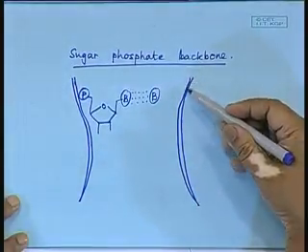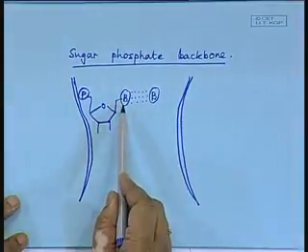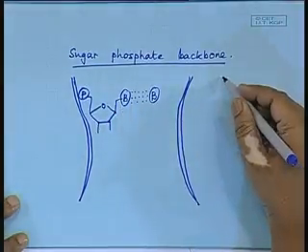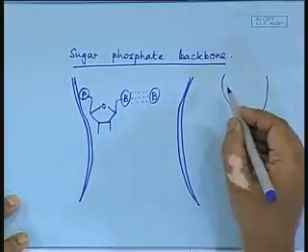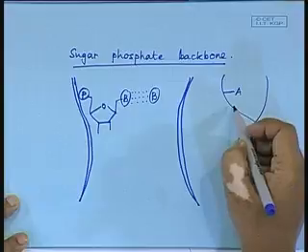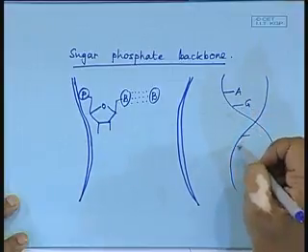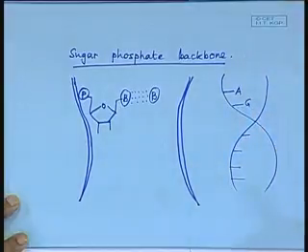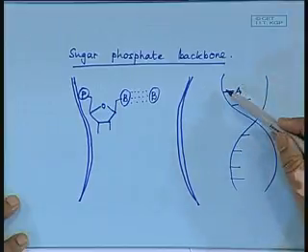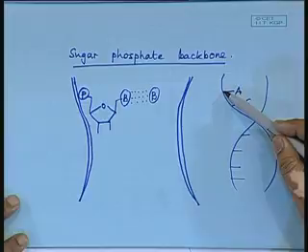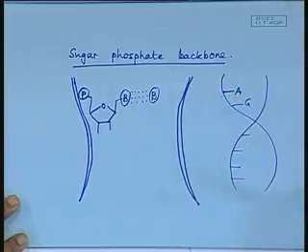This is the sugar phosphate backbone, and we have basically the bases sticking out. So, when DNA is actually drawn, it is just drawn with A, G and so on and so forth. Where is this coming from? This is linked to the sugar that forms part of the sugar phosphate backbone.